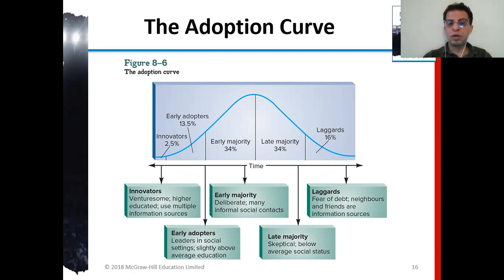Then you have the early majority, who deliberate and have many informal social contacts, and the late majority, who are usually the skeptical ones who wait to see how others do it, and are usually below average socially. And then you have the laggards, who fear debt, and rely on neighborhood and friends as information sources.